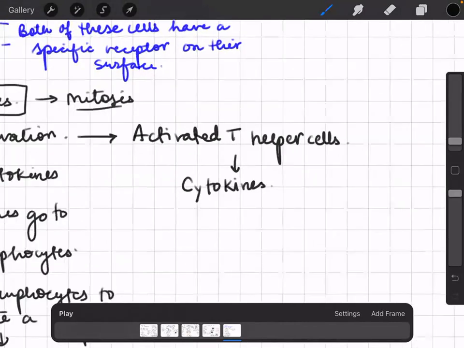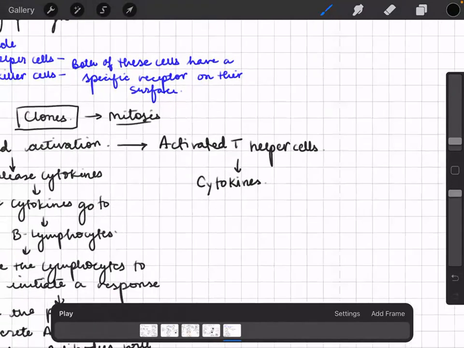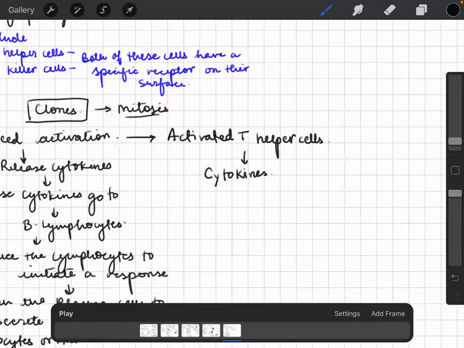And what these cytokines will do is they will also take certain molecules to do more functions. Instead of only releasing a particular kind of pathogen, they will go to another set of B lymphocytes and tell them also to make more of your antibodies.